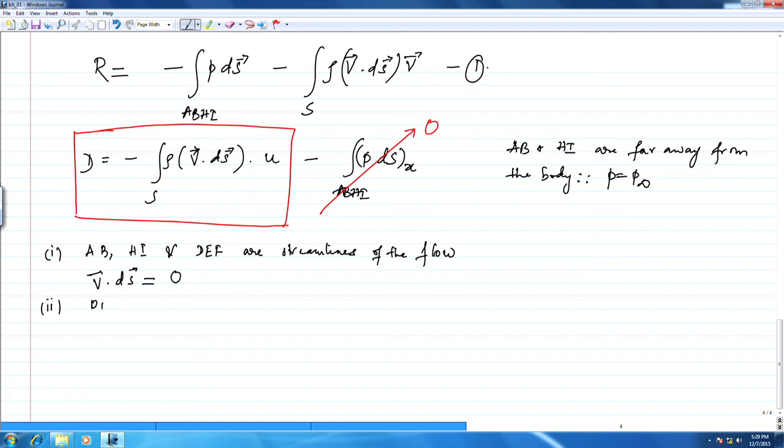So on FG and CD, if you look at this integral, rho V dot ds, it is the same in magnitude but opposite in sign.